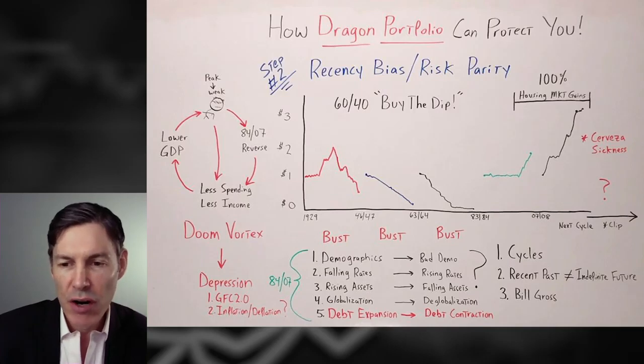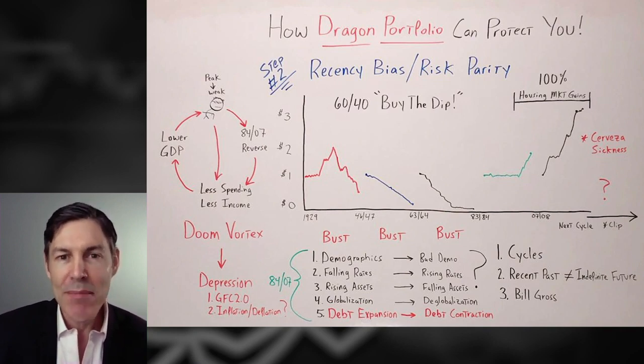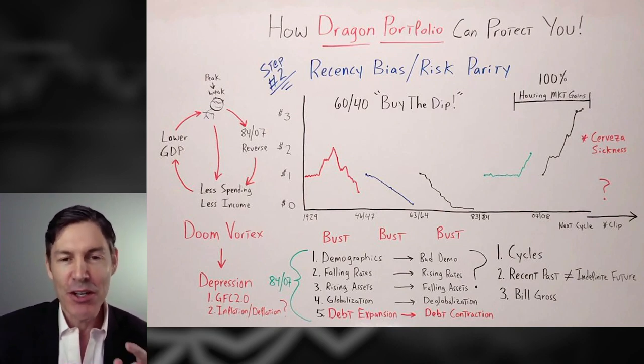Also, looking at this chart from Chris Cole, we need to remember this doesn't include what's happened recently with the cerveza sickness. So how is this 60-40 risk parity portfolio buy the dip approach going to work out in the next cycle? Well, to get some insights on that, let's go to a clip from my full-length interview with legendary hedge fund manager Hugh Hendry.